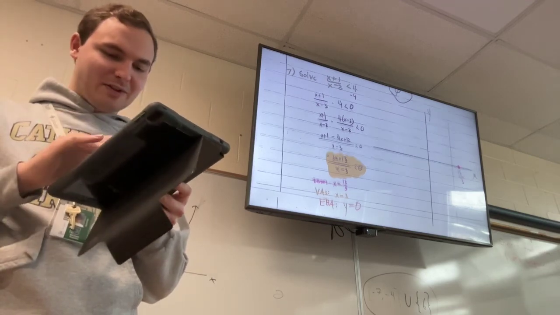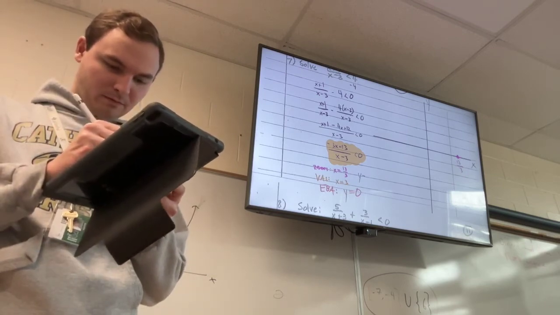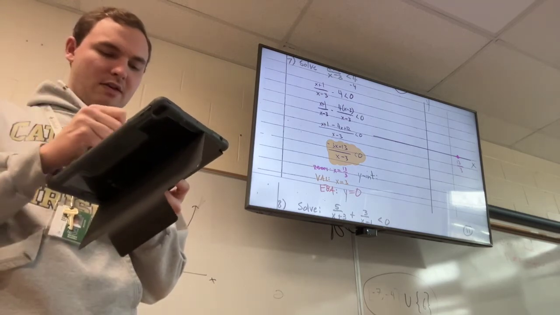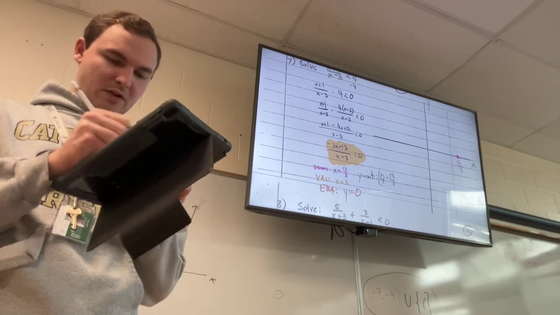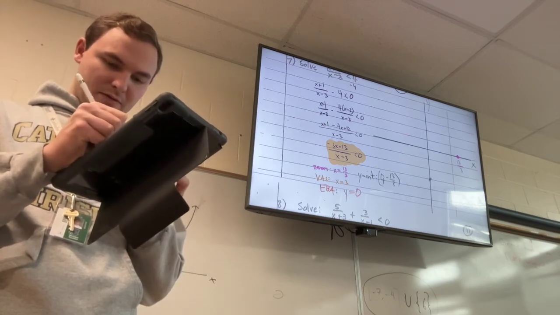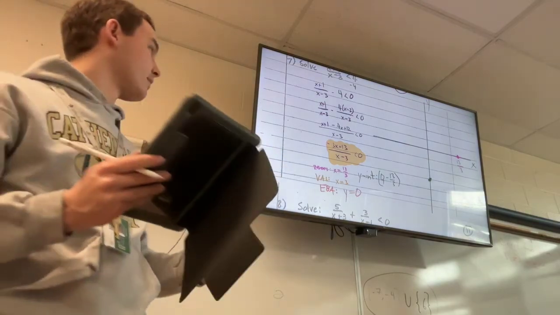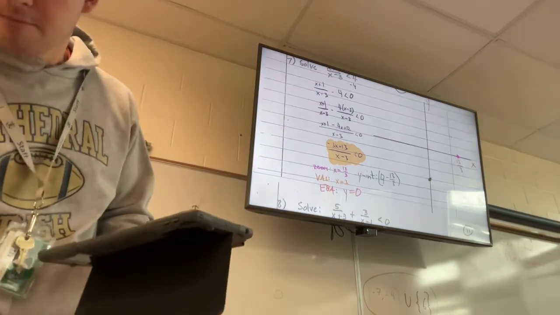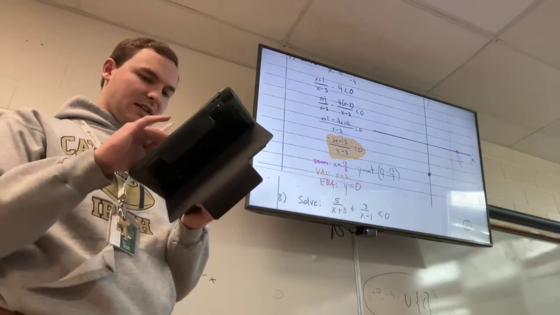Oh, and do your y-intercept too, I'm sorry, I always forget that. What's my y-intercept here? What do I get when I set x equal to 0? I get 13 over negative 3, so a little bit over negative 4, or below. Yeah, so there's my y-intercept.